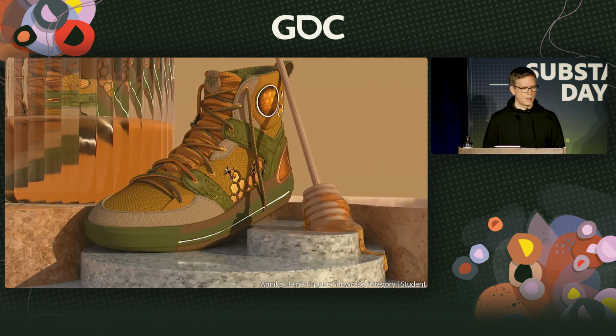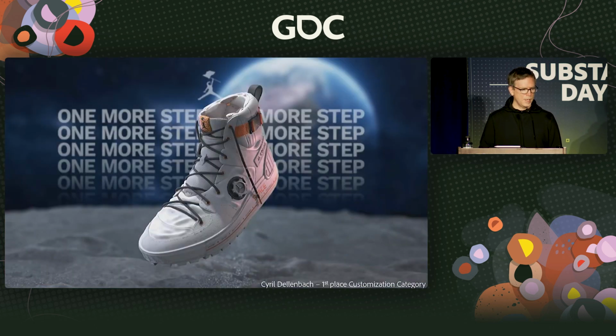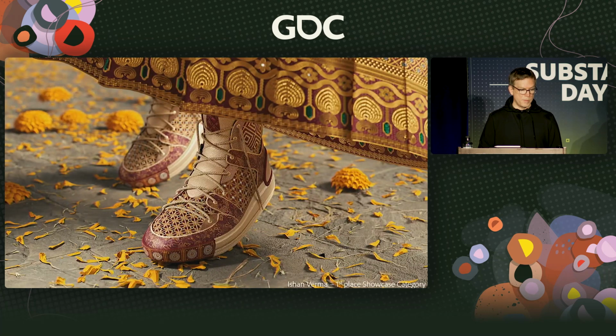We had 2 categories in the contest, and same thing, very nice work. Then we have Cyril Dellenbach, who won first place in the customization category overall, not the student category. I think it's beautifully done. And this one from Ishan Verma, first place in the showcase category as well, is absolutely beautiful.